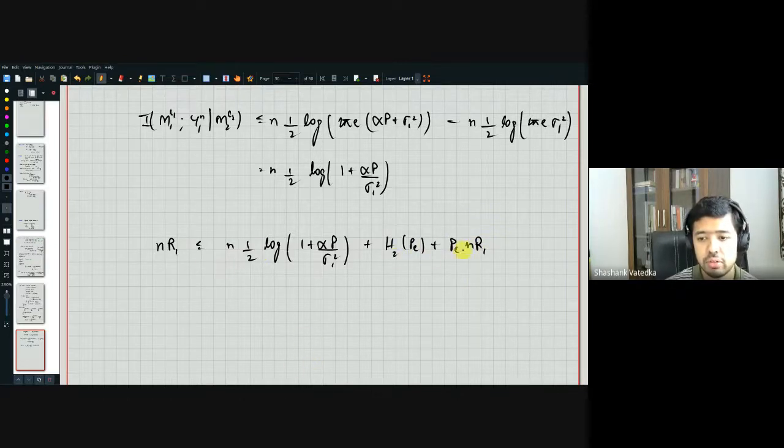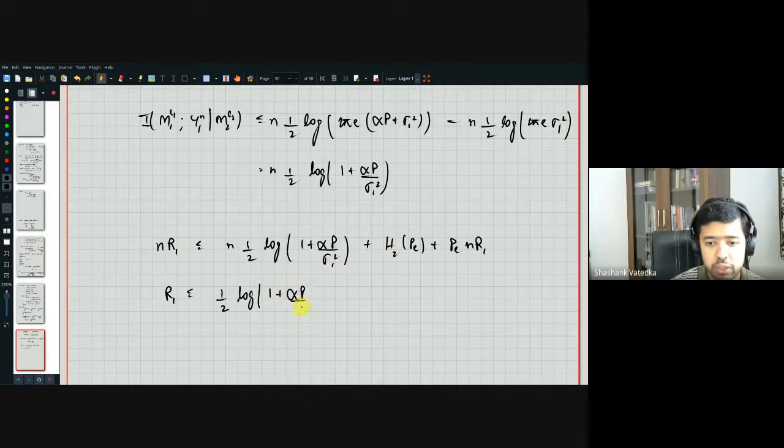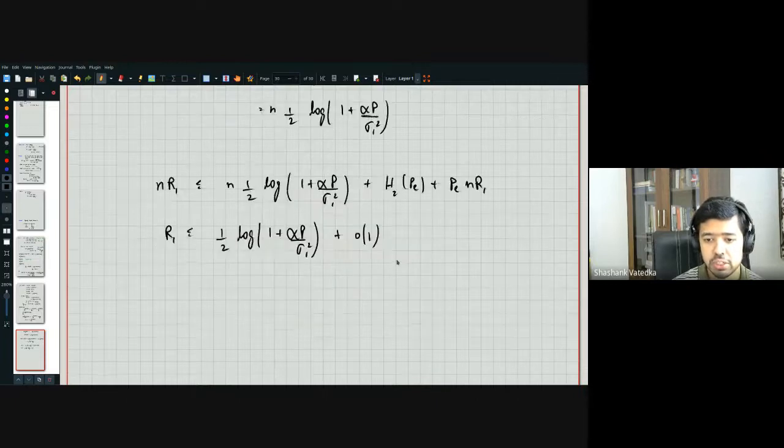And therefore, since the probability of error is vanishing in n, R1 should be less than or equal to half log 1 plus alpha P by sigma 1 square plus some quantity which is vanishing in n. If the probability of error is vanishing in n, then this quantity divided by n should also be vanishing in n.